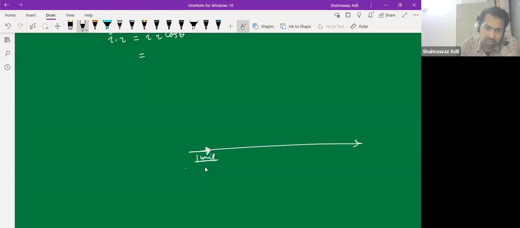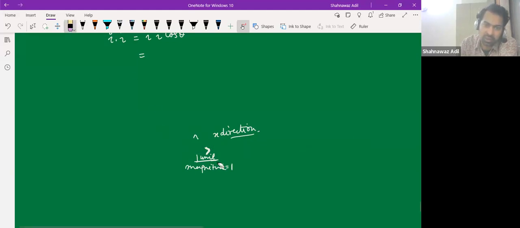Only one. So its magnitude is one, but it represents the direction in which you moved. Here we moved in the I hat direction, the X direction. So these unit vectors represent direction, and their magnitude is one. Clear?